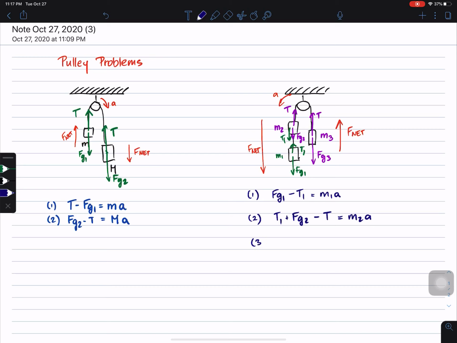And for the third object, if that one is moving up, that means tension minus Fg3 is equal to M3A. And these are my equations for the system of 3 objects.